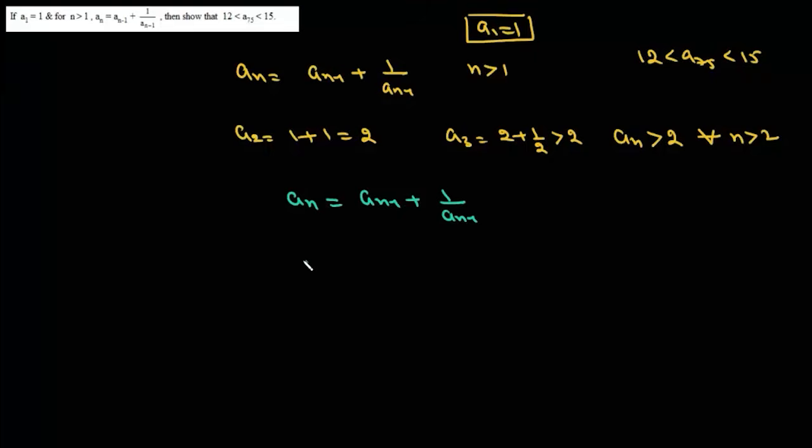Now we square it, we can write a_n square as a(n-1) square plus 1 upon a(n-1) square plus 2. Now we know that this is always greater than a(n-1) square plus 2, because we are leaving out this positive term 1 upon a(n-1) square.